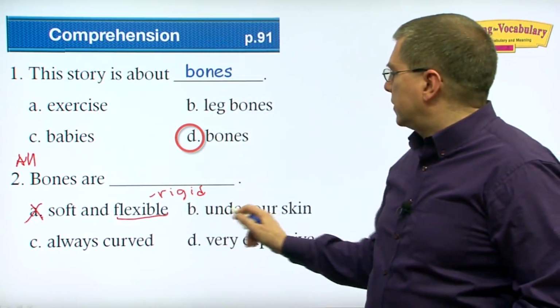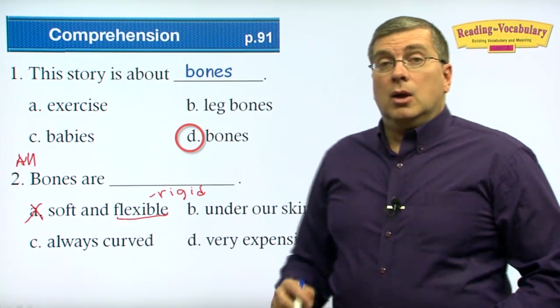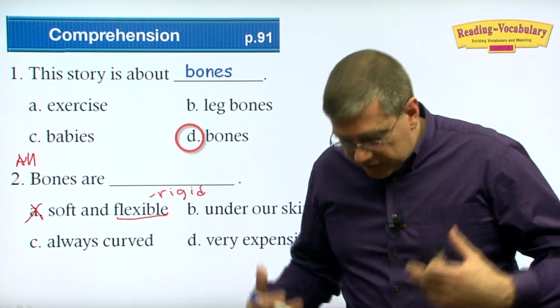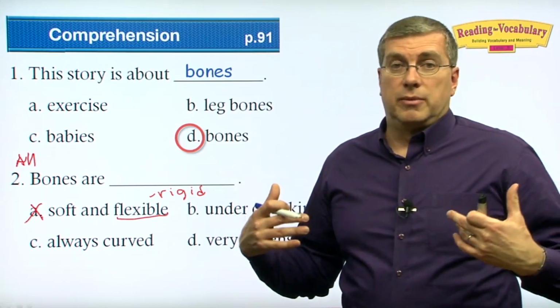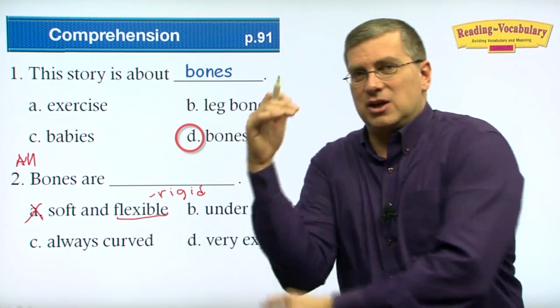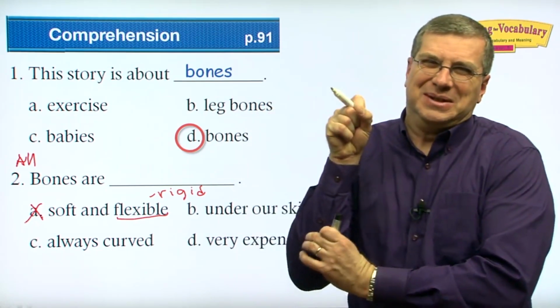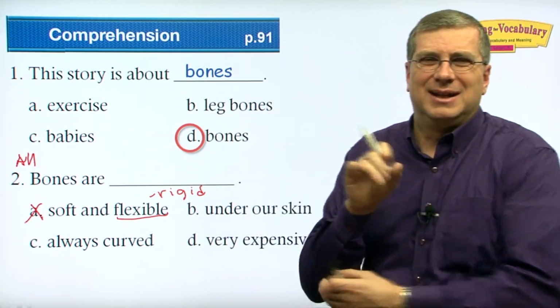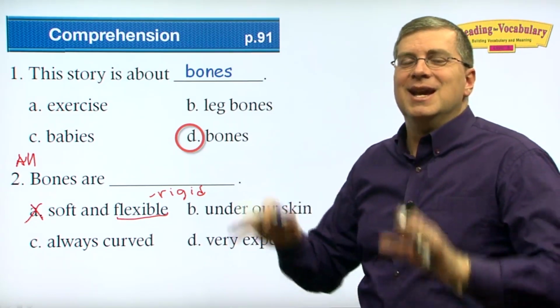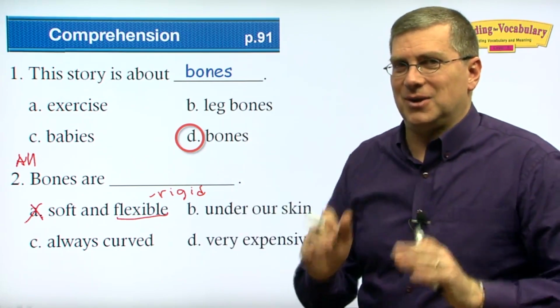Bones are what? Bones are under our skin. If you think about it, yes, all of your bones are under your skin. Can you see any of your bones? No. Thank goodness. If you're in an accident or you fall down and you break a bone, sometimes you can see the bone, but yuck, right? That's terrible. So normally our bones are under our skin. Our bones should stay under our skin.